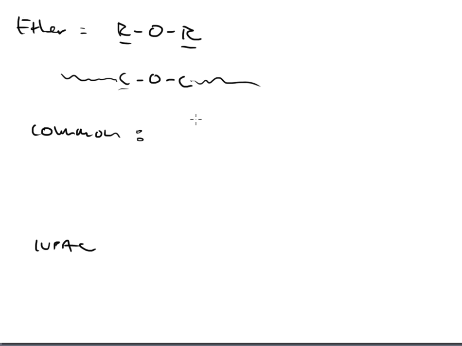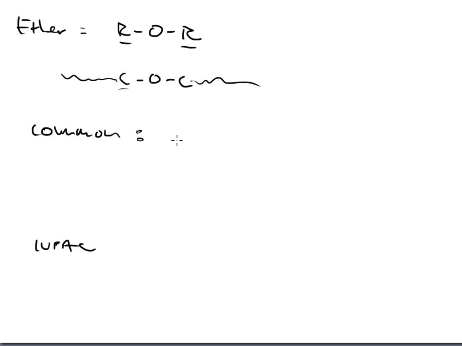But with ethers, the common names make so much more sense, and we can visually see these structures better, so people really do prefer the common names in the world of ethers. But we still do try to get away from common names. It's a little bit harder in this field because ethers are better understood with their common names instead of their IUPAC names, and you will quickly see this as we start doing some examples.